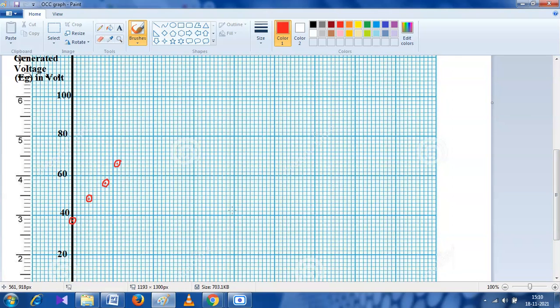Then what is the value? 78. The next one is 90.